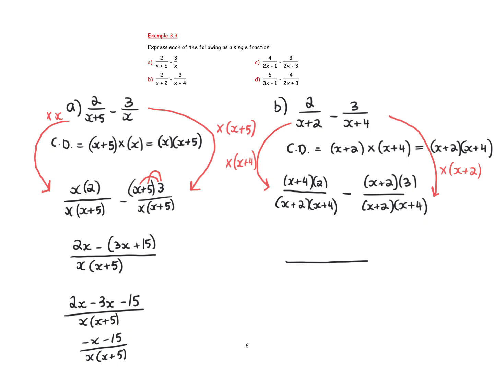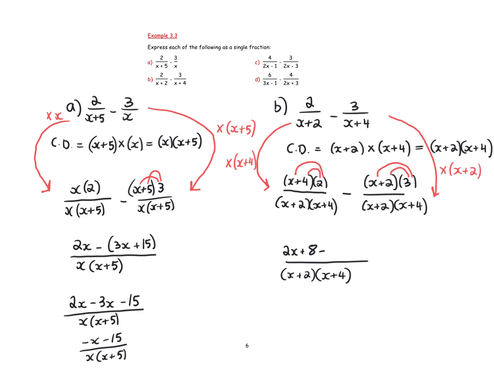The next step involves putting it all over the same denominator, which again is x plus 2 times x plus 4. We can multiply out the terms. We get 2 times x, 2 times 4, and we'll get 3 times x, 3 times 2. 2 times x will give us 2x, and 2 times 4 will give us 8.